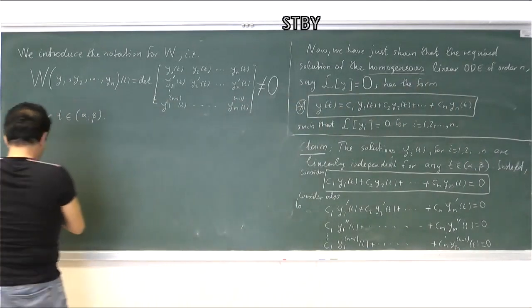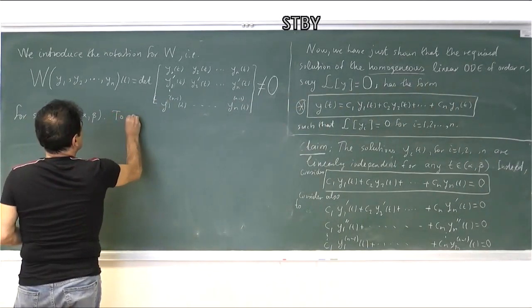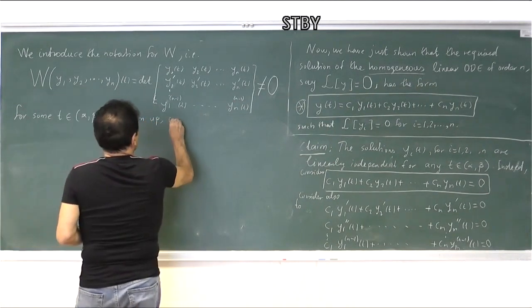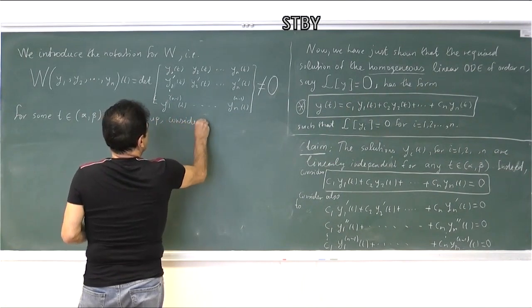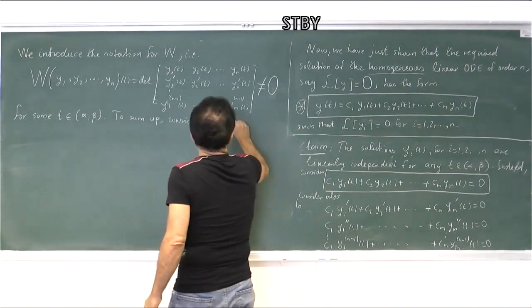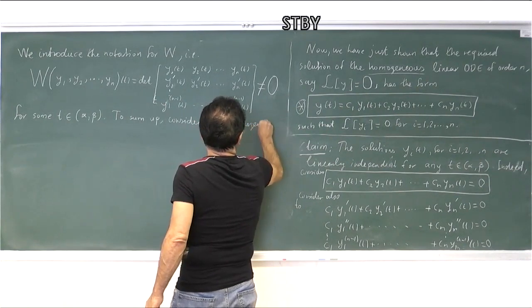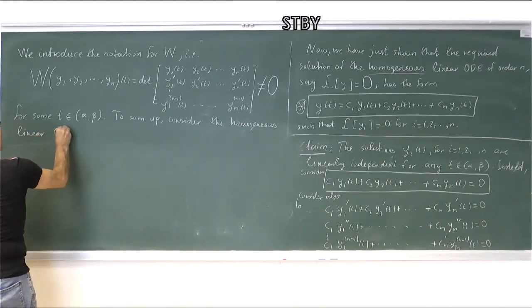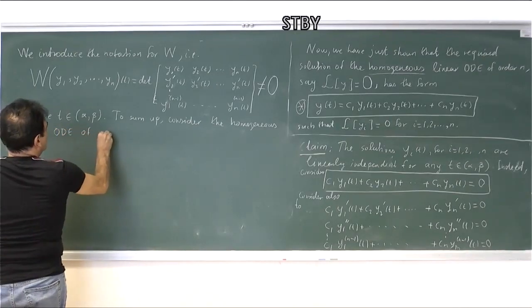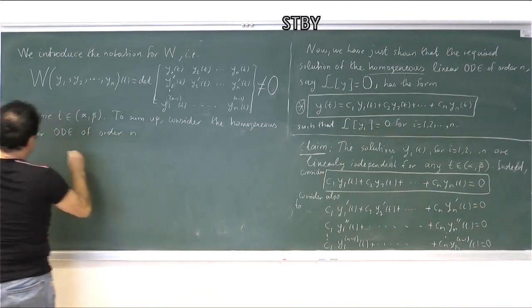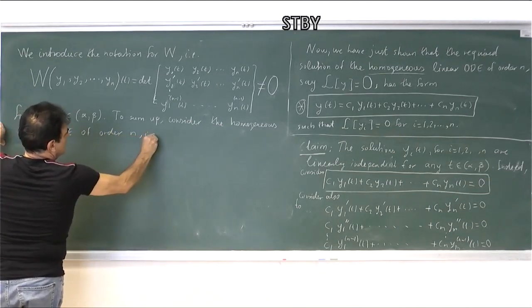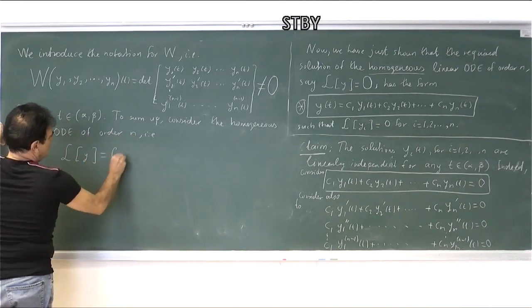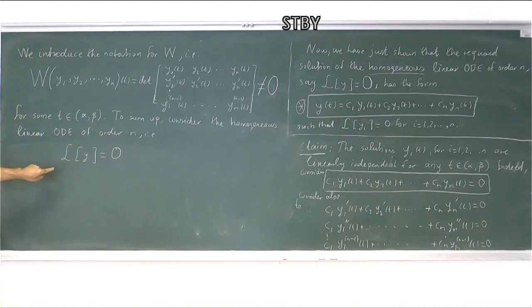So to sum up, consider the homogeneous linear ODE of order n. Good? That is, I consider this equation in the short, homogeneous form.